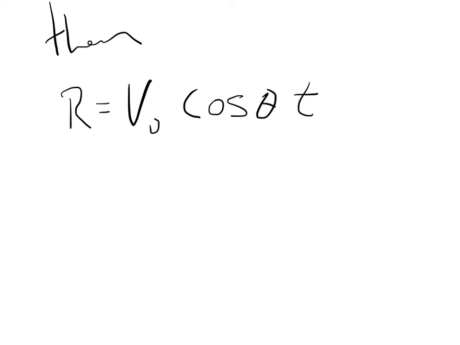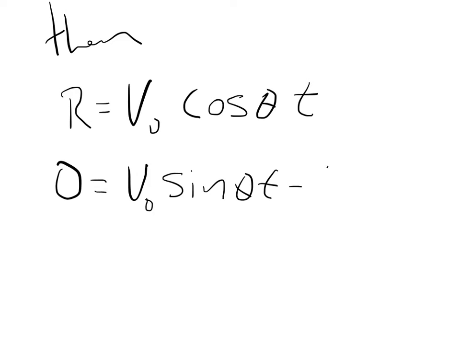This is boiling things down for a simpler scenario, right? I know that, and I also know this. V naught sine theta t minus 1/2 gt squared. This is kind of a lot, so stick with me.